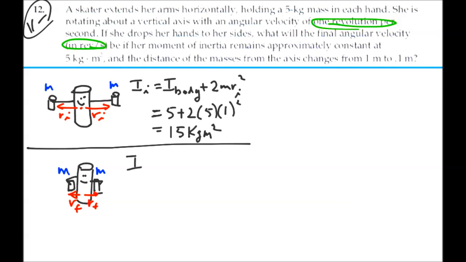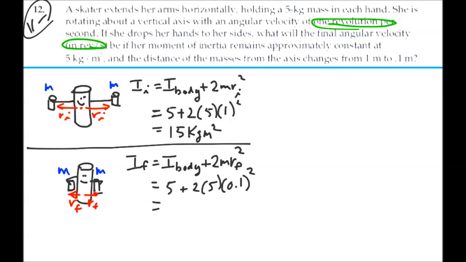So our final moment of inertia is again going to be equal to the moment of inertia of the body plus 2m r final squared for the point masses. So this is going to be 5 plus 2 times the mass, 5, but our final radius is 0.1 meters squared. So this final moment of inertia is going to be 5.1 kilogram meters squared.